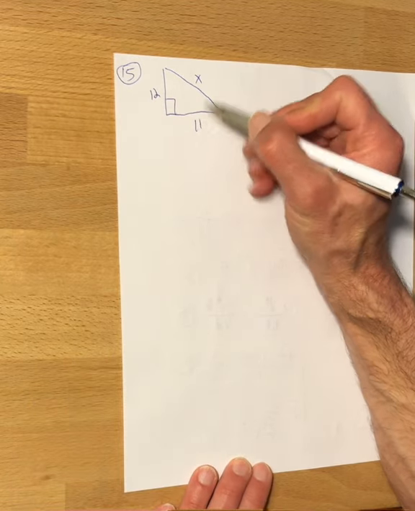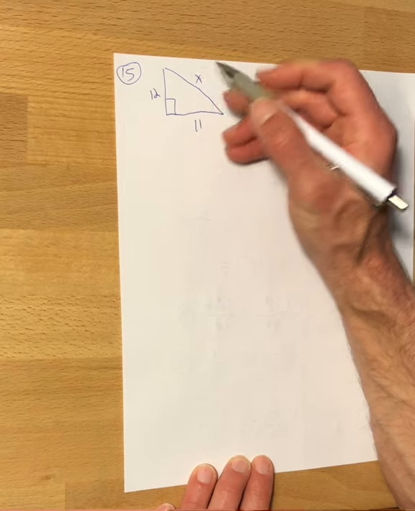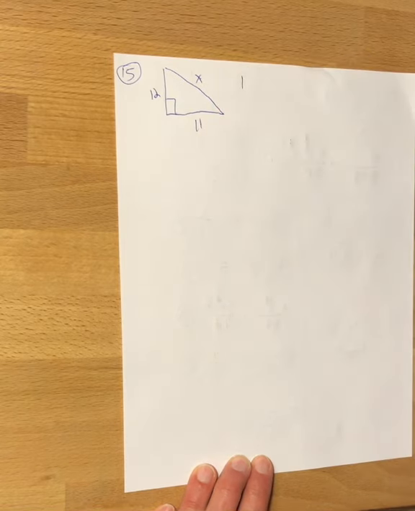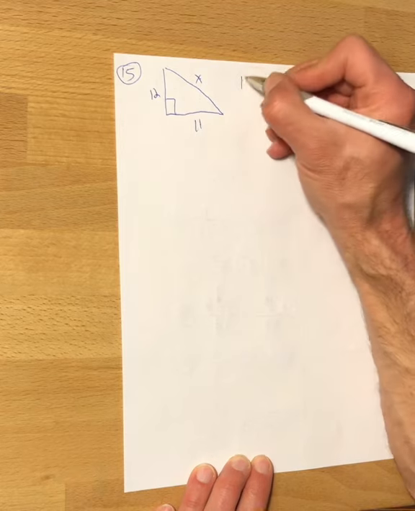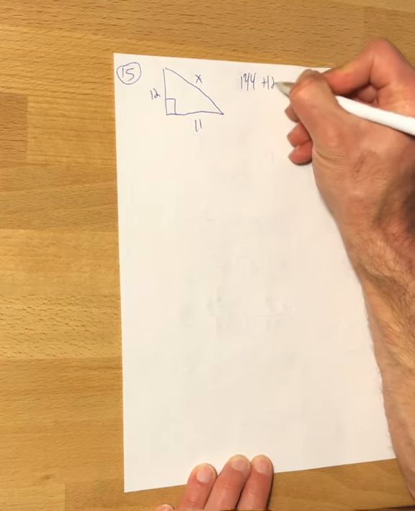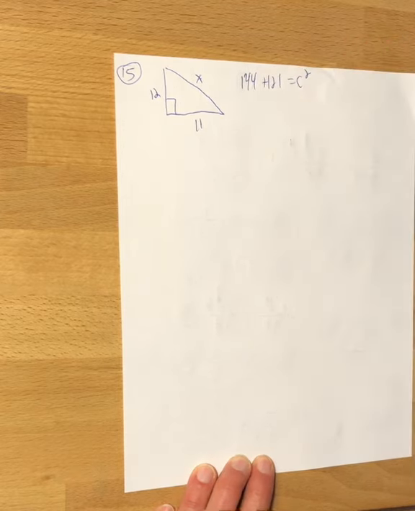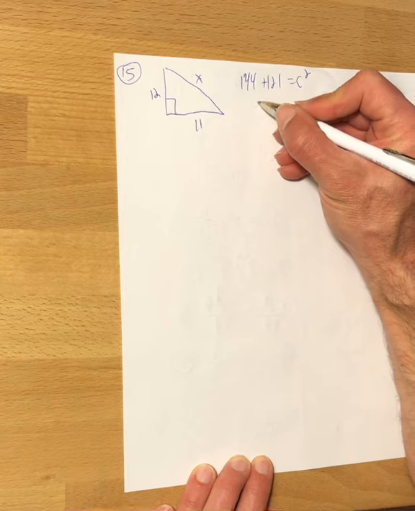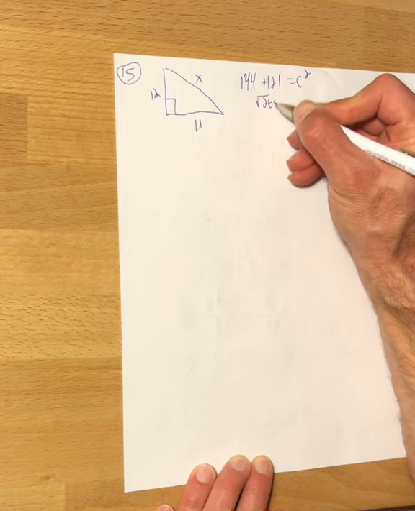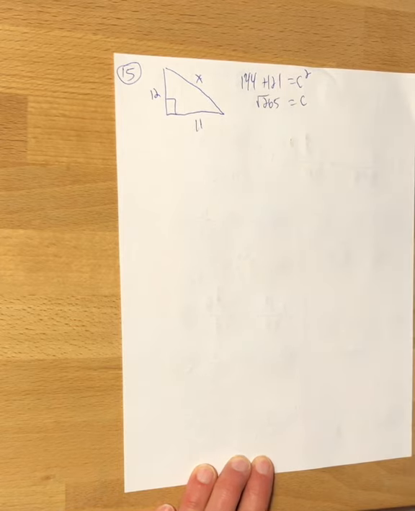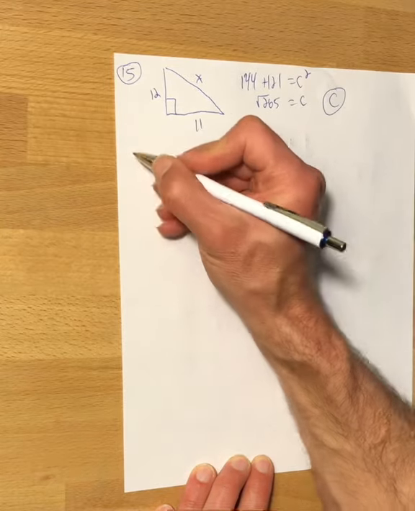A squared plus b squared equals c squared. 144 plus 121 equals c squared. And you're going to get the square root of 265 equals c. And that is letter choice C.